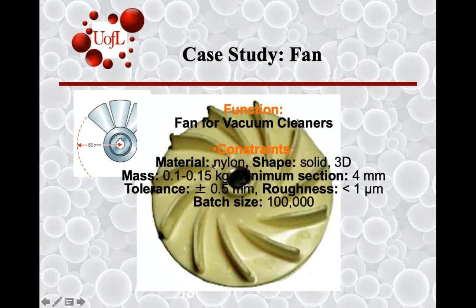Right? But now the only difference is instead of a non-ferrous alloy, you have a nylon that is a thermoplastic that's in consideration. You have some mass constraints and other dimensional issues and batch size. So of course, you know off the top of your head that an injection molding solution might work just as well.